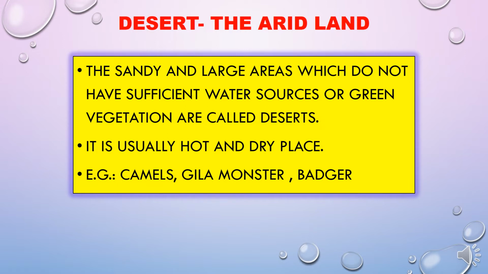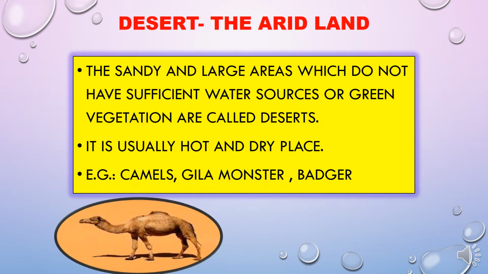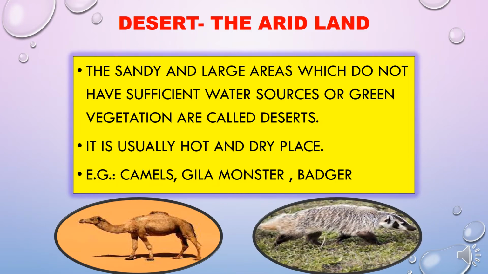The animals who live in this arid land are camels, Gila monster, badger. Camels store fat in their humps which gives them energy when they do not get food for days together. They also have thick hair in the ears and long eyelashes that protect their ears and eyes from the sand.